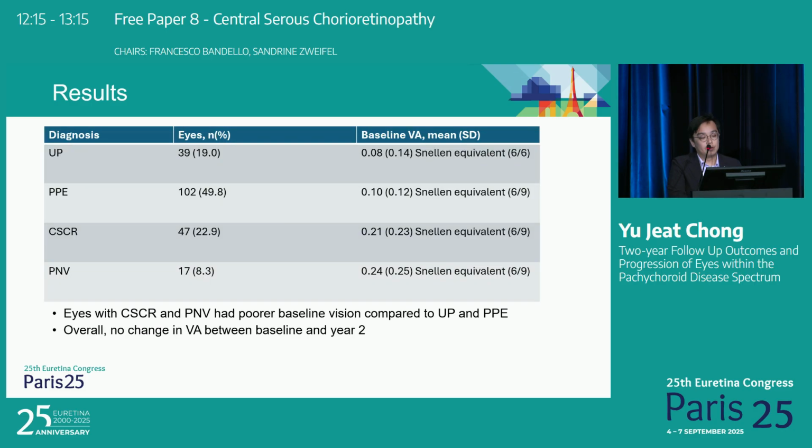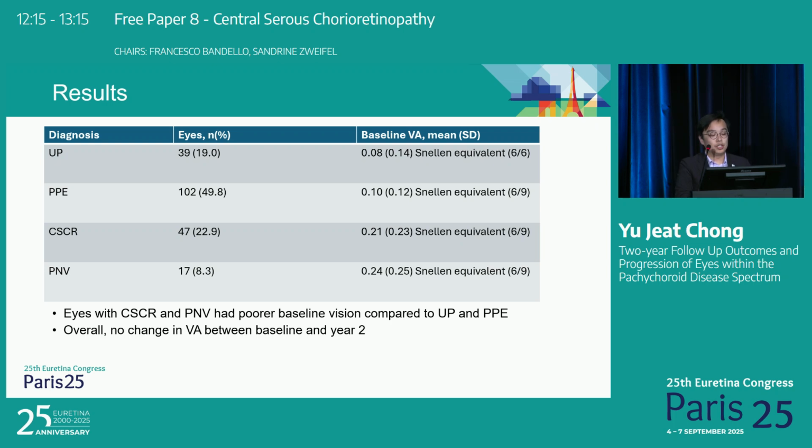So these were our results. For UP, uncomplicated pachychoroid, 19% of them were at baseline. They had very good vision, as we would expect. The Snellen equivalent was 6.6. For patients with PPE, the Snellen equivalent was 6.9, and for CSCR at baseline, the vision was 6.9.